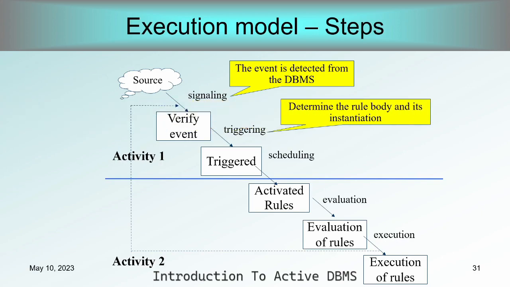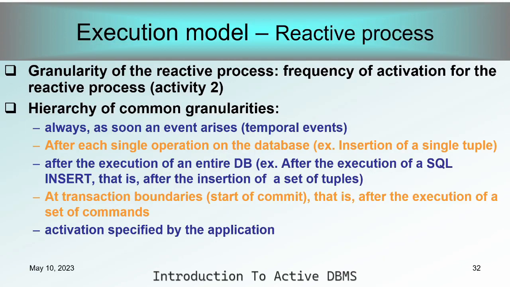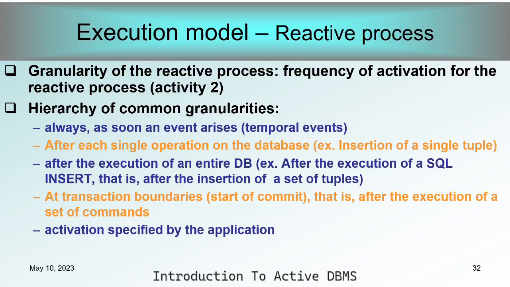You need to verify the event and determine the rule body and its instantiation, that is triggering. Then once triggered, you have to determine the execution order for rules, and then you go for activated rules, which will go for condition evaluation, and then it will go for execution of rules. So the execution model over here refers to the reactive process.